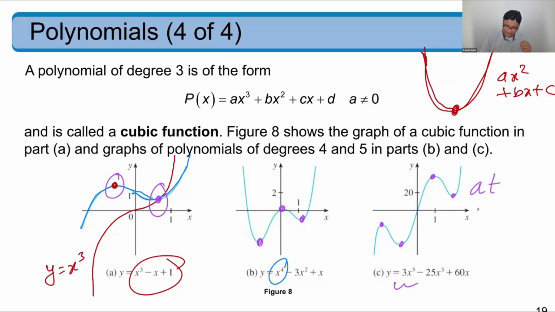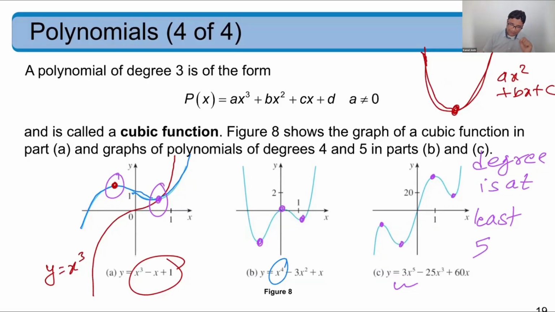Like I would say, if I look at this graph, I would say the degree is at least 5. Similarly in other cases, it could be more. There is more story and more understanding behind how to know the exact degree. We don't get into that, but what I'm saying here is the minimum degree.